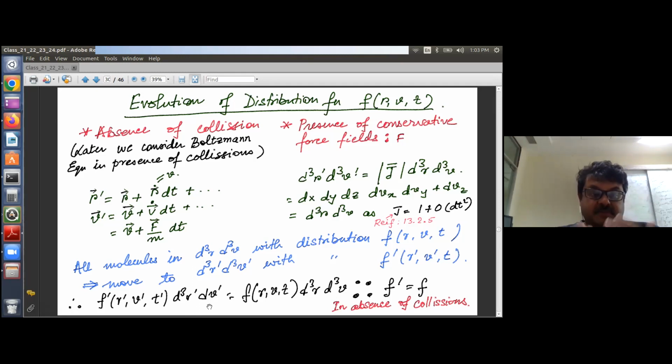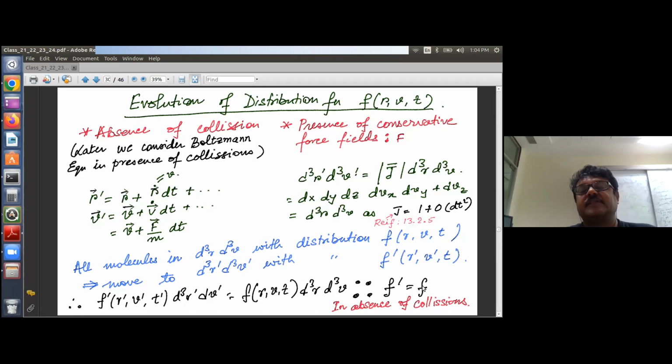This is in 6D space, so note that v has become v dash. If there's an acceleration, they are going to move in the velocity space as well. And since d3r and d3v are equal to d3r dash and d3v dash, what you get is f dash equal to f in the absence of collisions and for small time.